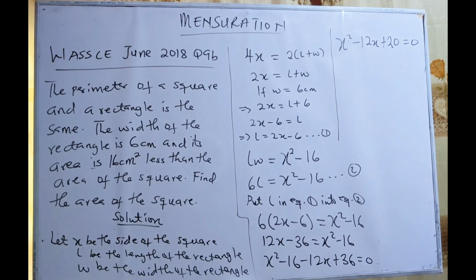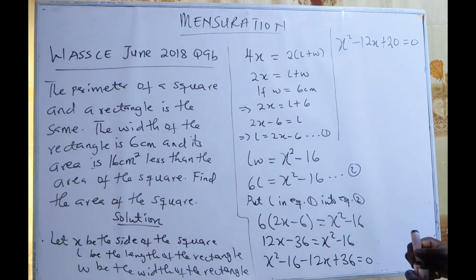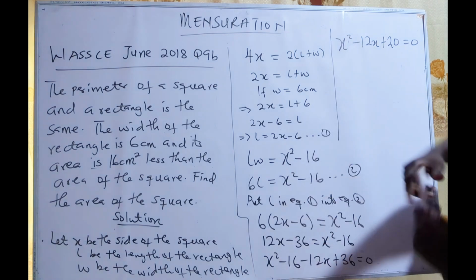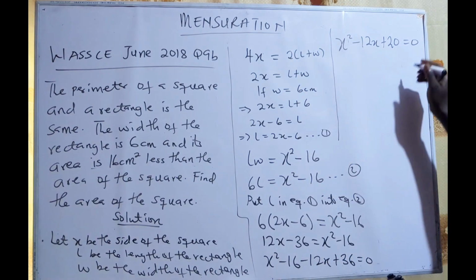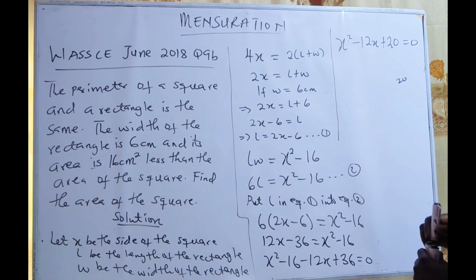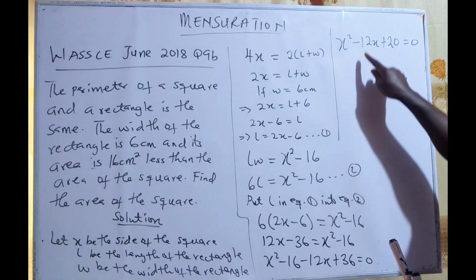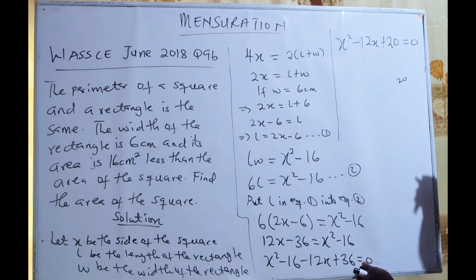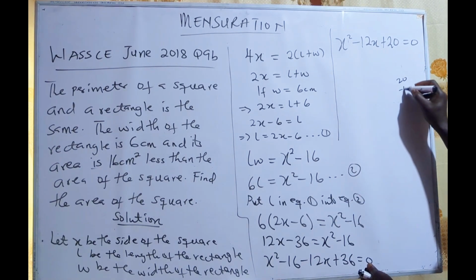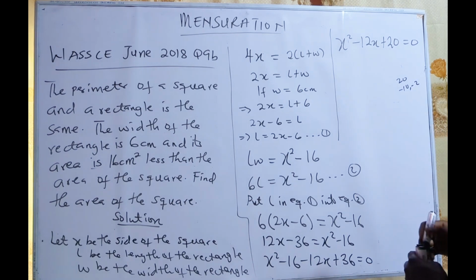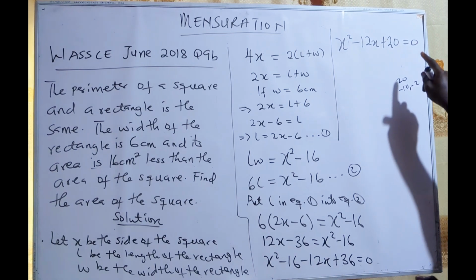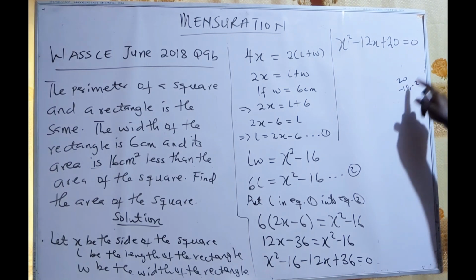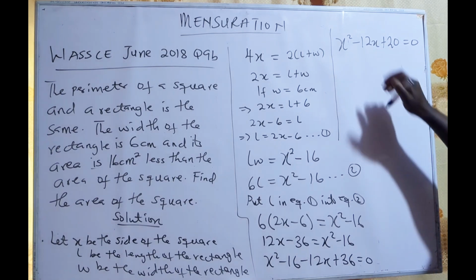All right, so this is a quadratic. The coefficient of the s squared is 1, times 20 will be 20. Two factors of 20 that, when we add, give us negative 12. I think that will be negative 10 and negative 2. Negative 10 times negative 2 is positive 20. Negative 10 plus negative 2 is negative 12.